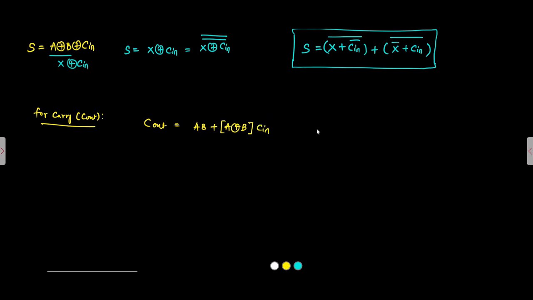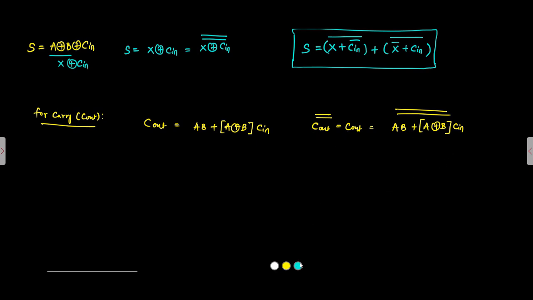So if we do double complement of it, we'll get the same thing, C out, which is AB or (A XOR B) into Cn, double complement. Okay, double complement.